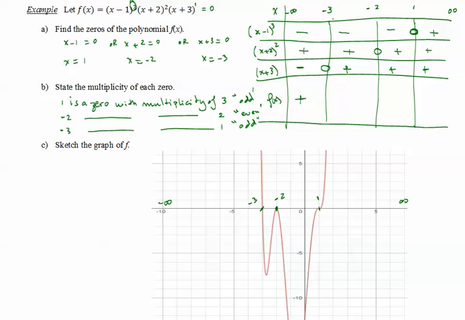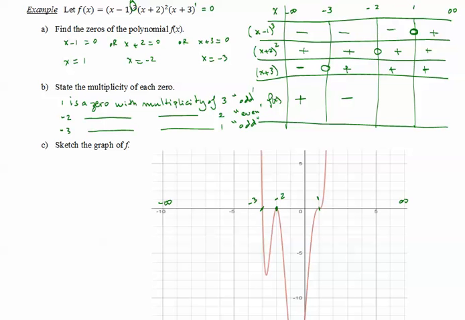And any number in this interval between negative 3 and negative 2, like negative 2.5 for example, if you plug it into the first term, will give us a negative, the second term will give us a positive number, and the third term will give us another positive number. So a negative value, a positive and a positive will give us a negative.